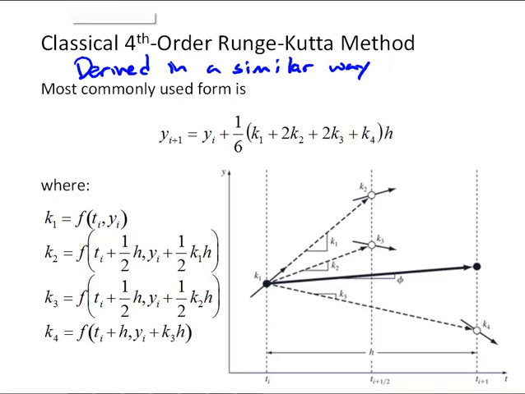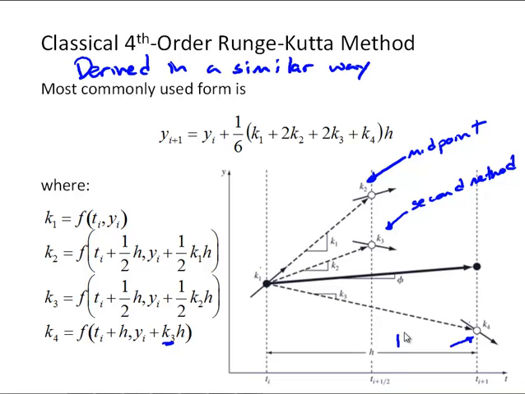So conceptually, what's happening here is we're going to start at ti, and for k1 we're basically going to use a midpoint method to get k2. And then k3 is actually going to use that k2 result, that result of that midpoint, to do another midpoint slope estimate at i plus 1/2, and then using the k3 result, getting all the way to k4 at i plus 1, we'll use that k3 slope to predict i plus 1 and get that fourth estimate.